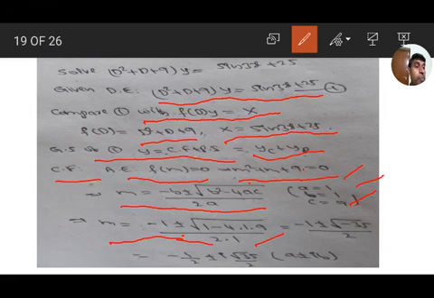That is minus 1 by 2 plus or minus square root of minus 35 by 2. Square root of minus 1 means i, root 35 as it is. So minus 1 by 2 plus or minus i into root 35 by 2.